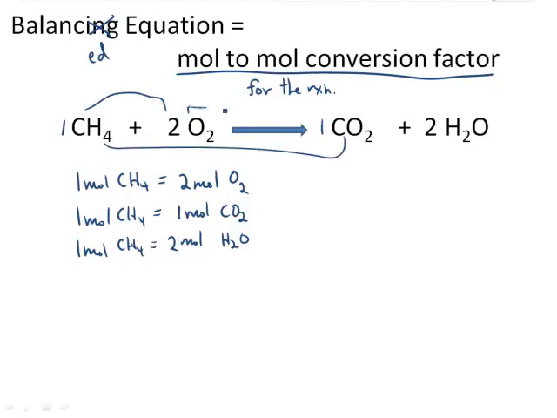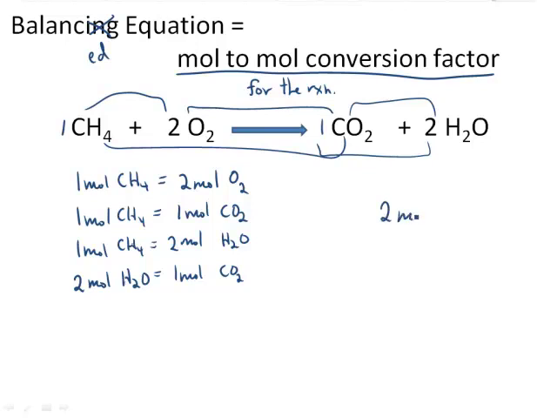And so you can do that with any of these connections. You can do it from anywhere to anywhere else. So you can say 2 moles of H2O equals 1 mole of CO2. That is, you can connect this to that. And so any of the relationships that are possible between these you can use. And because of that, you can use any of these equalities to make conversion factors. So during the reaction, you can say 2 moles of H2O react per 1 mole, or are formed per 1 mole of CH4.